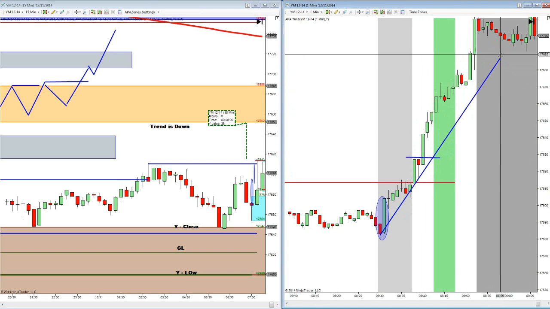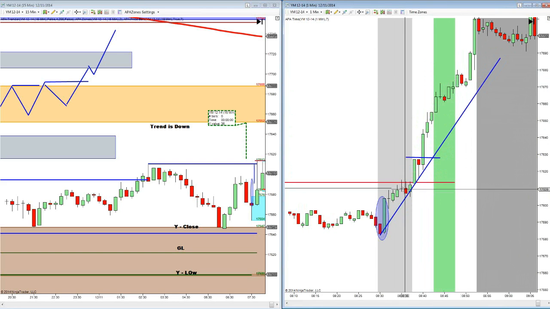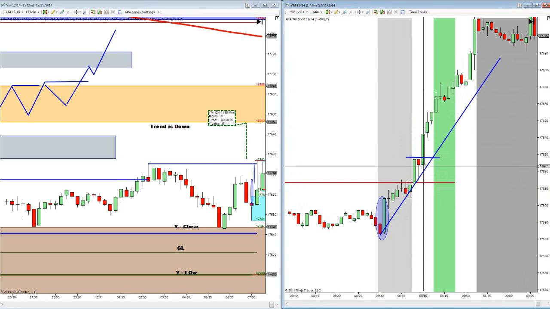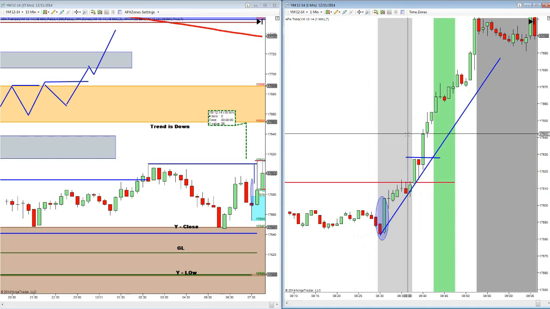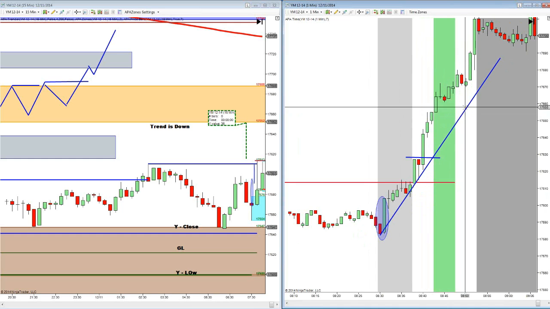Okay, that's what this means. All the pullbacks are very, very thin. They're not pulling back to really a good level. This was the only one that I saw at the time, and it's hard to jump into a microtrend because the pullbacks are so shallow.